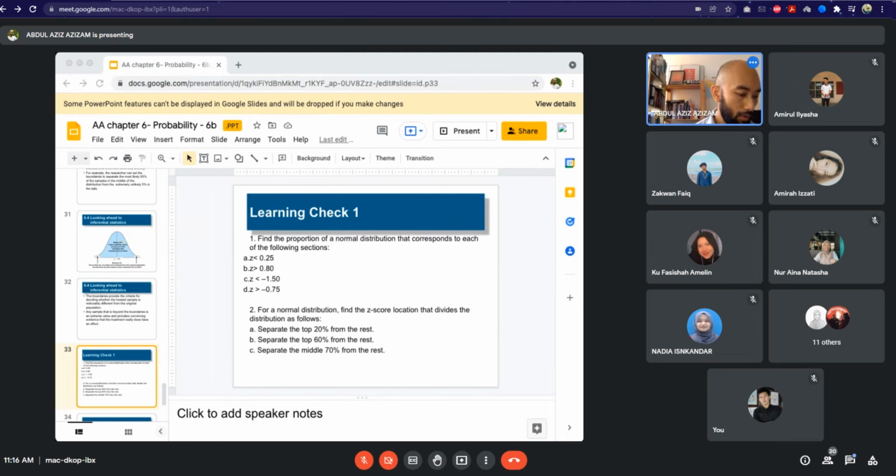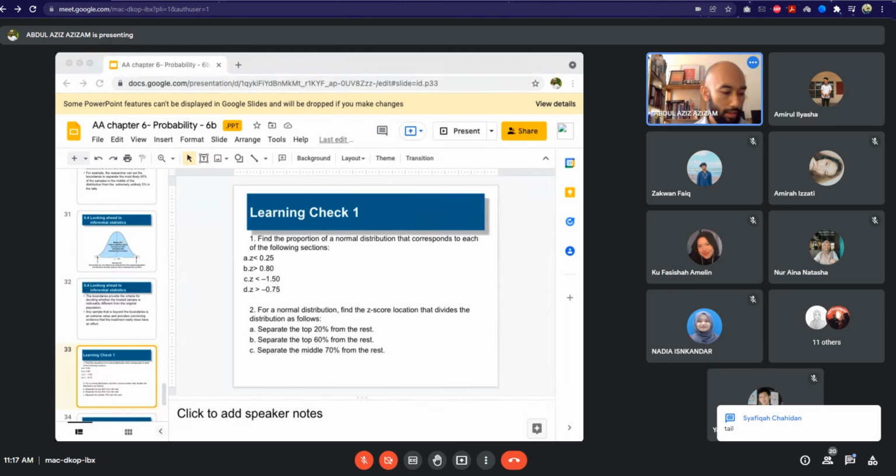C untuk Z less than 1.5 or negative 1.5. 0.9332. You sure? Di bahagian mana kita tengok ni? Tail ke body? Less than 1.5. Dia kena determine dulu. Tail ke body?